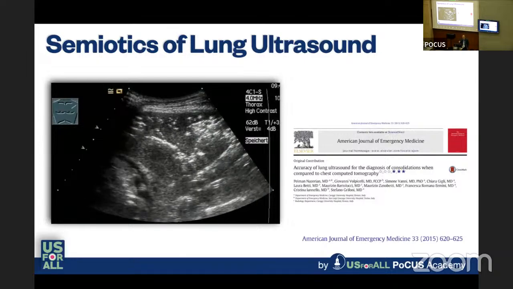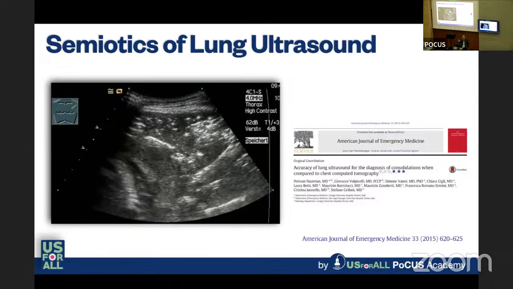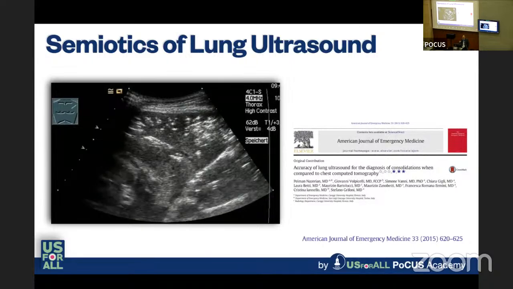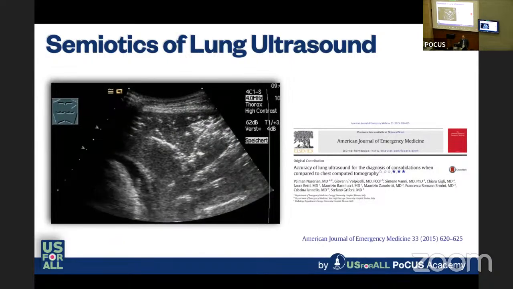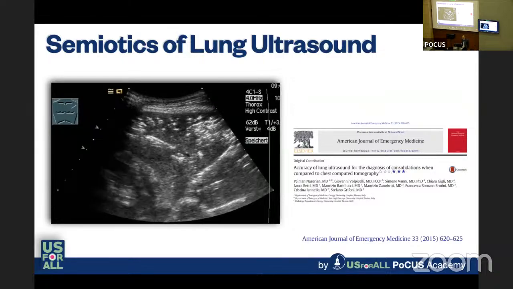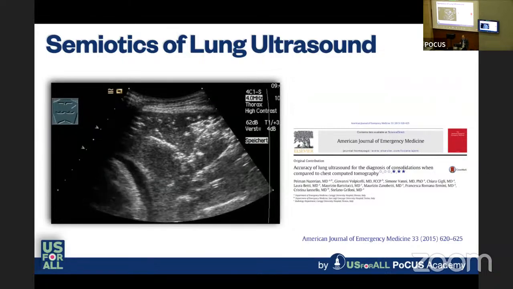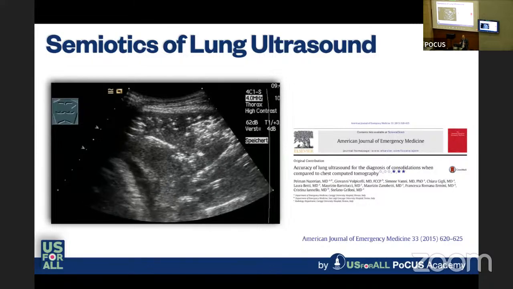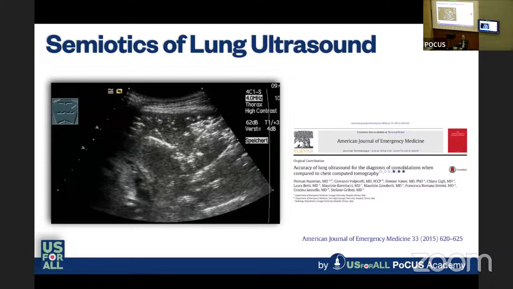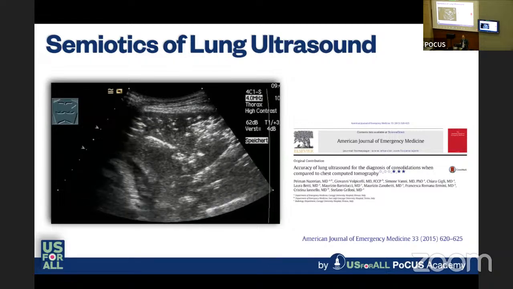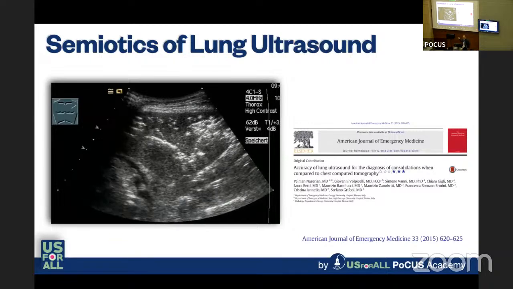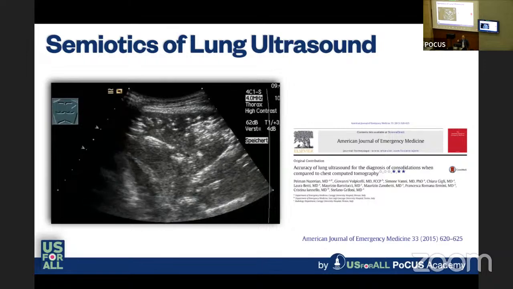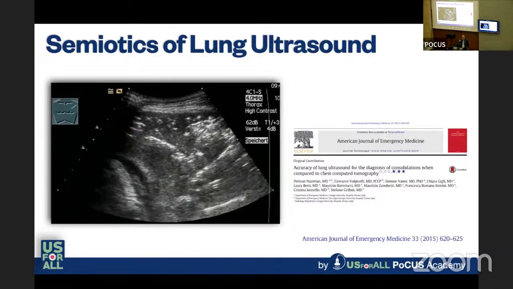But there is another lung pattern from the ultrasound point of view that is called a consolidation. So in some situations, we may finally observe a real anatomic structure of the lung. That is when the lung is consolidated, like in the pattern that I'm showing you here. In this case, we don't see any more artifacts.